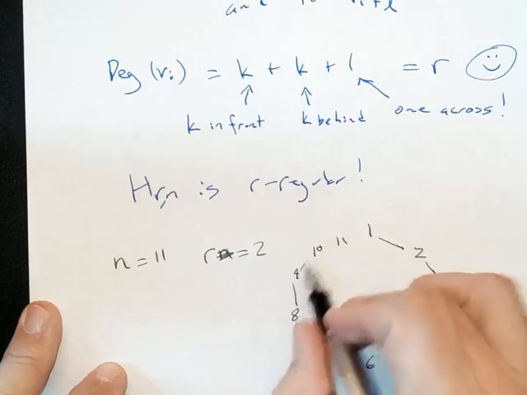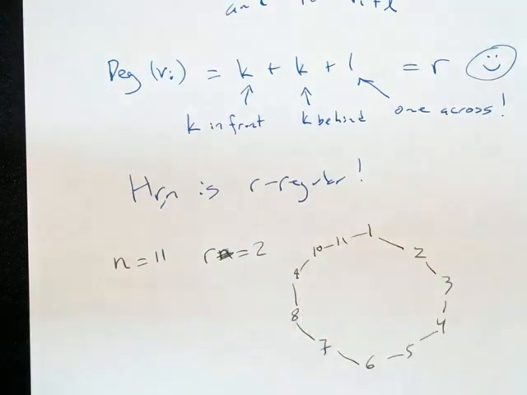Four, 5, 6, 7, 8, 11. I'm done. That's a cycle. I connect to the, all I had to do, right? It's only when R was across. I wanted to do 4.